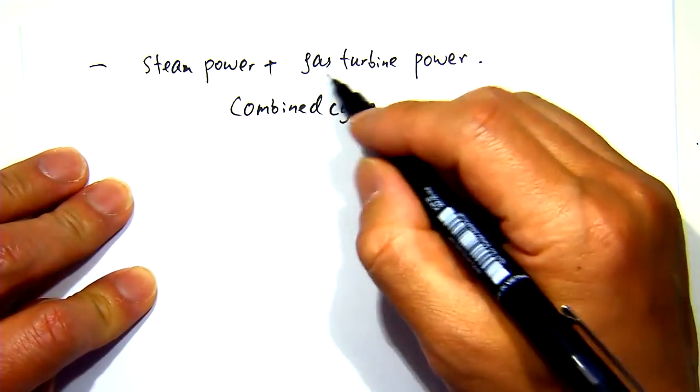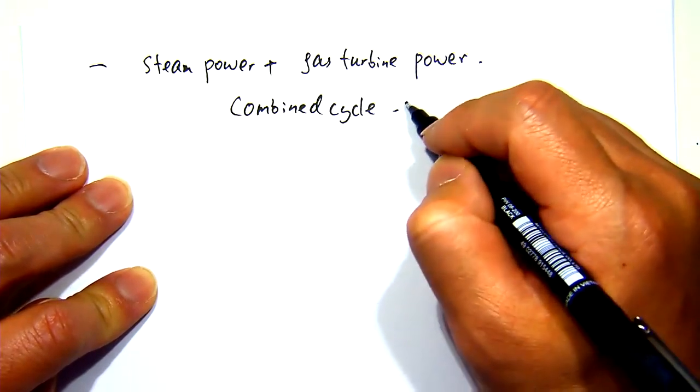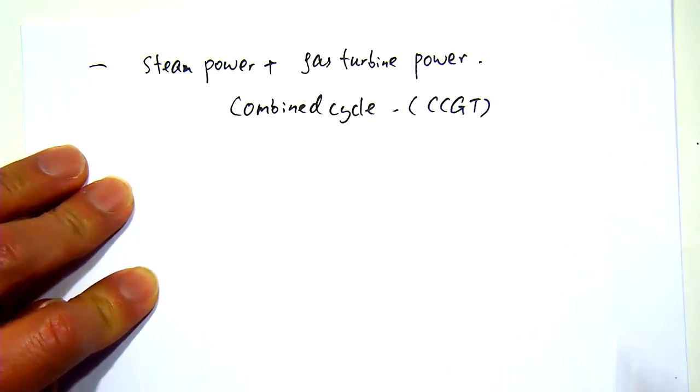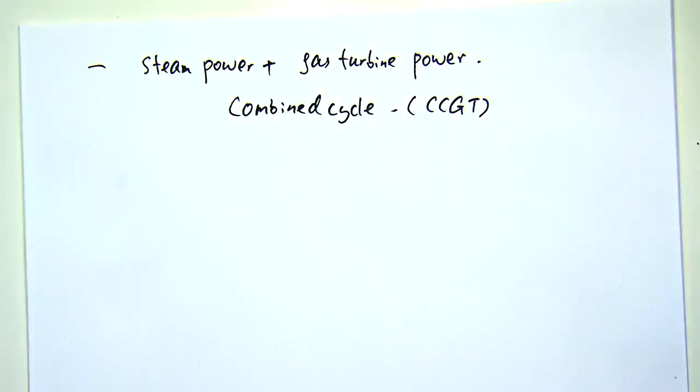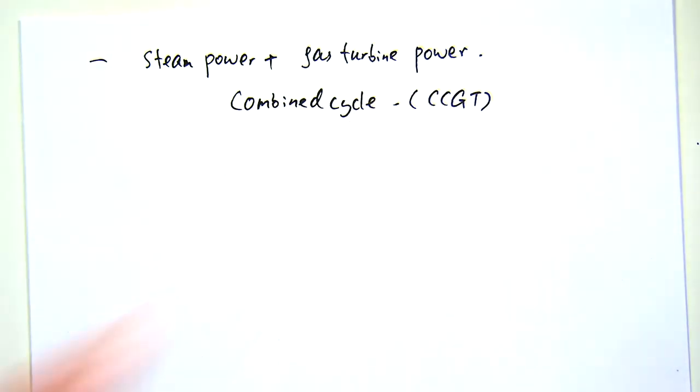Often, because it's combined with gas turbine, you call it the combined cycle gas turbine, or CCGT, type of technology.